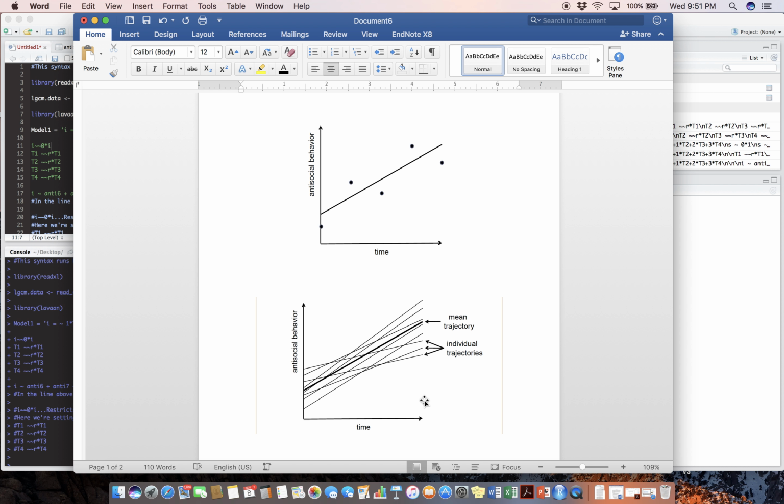But what that allows us to do then is average those growth curves or those trend lines and get a representative average for the sample in terms of how they vary as a sample over time with respect to some level of a latent construct, which again in this case is antisocial behavior, as we can see here in these two graphs.